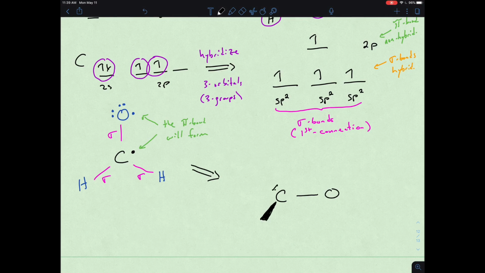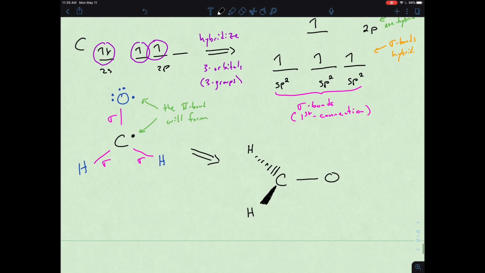And my other hydrogen is going back. So that's the structure that we have off to the left, but just kind of rotating it on its side.